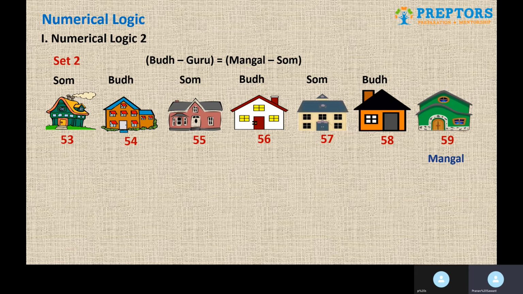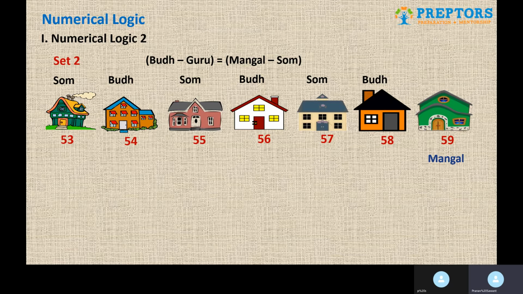If the room number of Mangal is 59, we can definitely say that Som can't be 53, because these two are extreme values, and the difference between the two extreme values is always going to be greater. So if you see 59 minus 53, what is the difference? 6 is the difference.